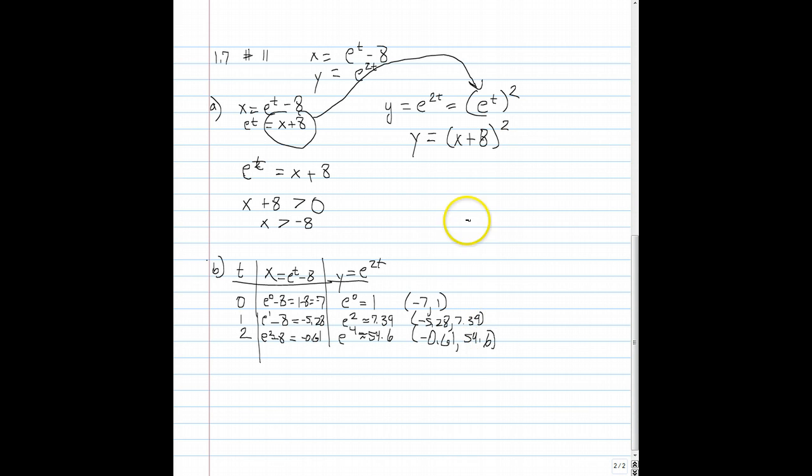So this gives you a general idea. It's just asking you to sketch the graph, so it doesn't have to be perfect. So negative 7 and positive 1. It's right here roughly.